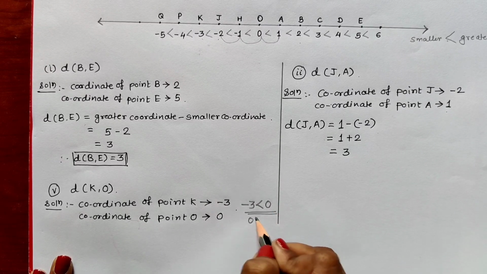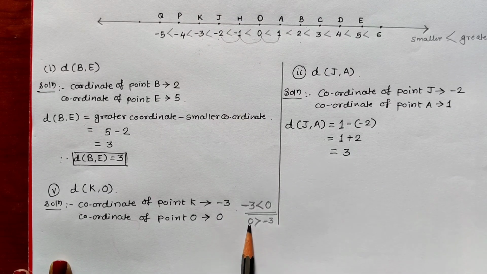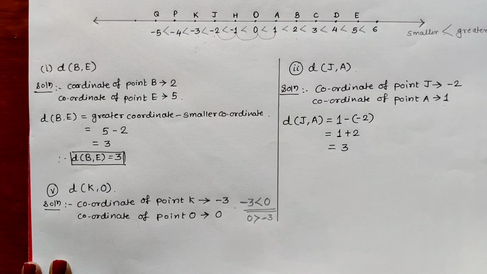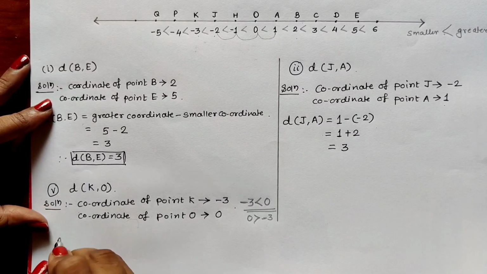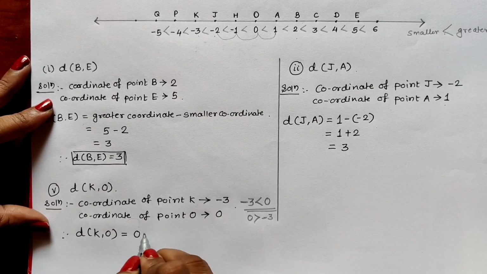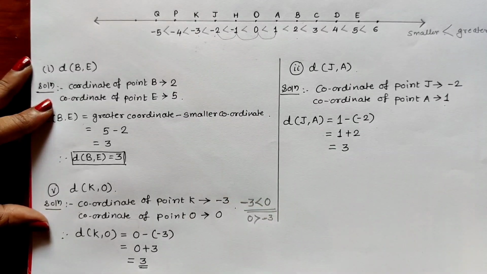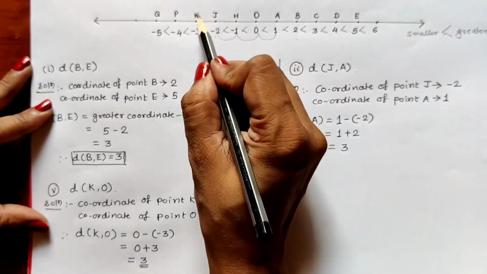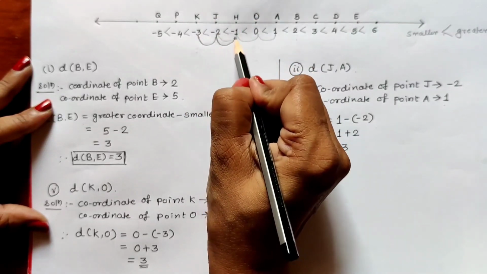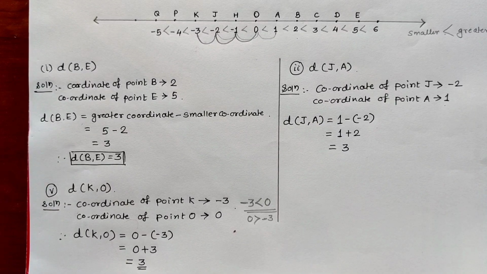That means 0 is bigger than -3. So when we want to find out the distance KO, it will be 0 minus -3. And minus will become plus. 0 plus 3 will be 3. So distance KO is 3. Let us find out distance KO here. KO from K to O. 1, 2, 3.